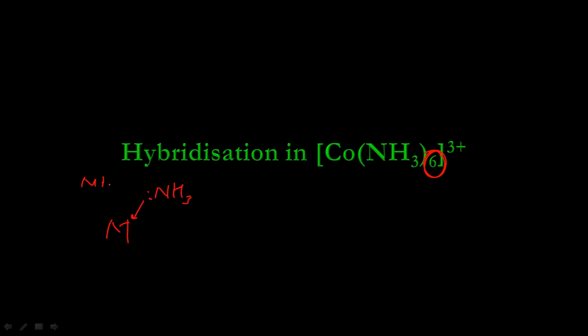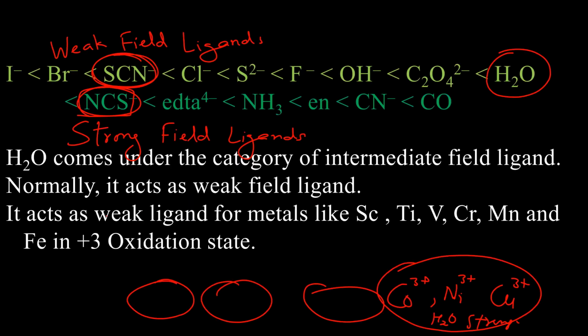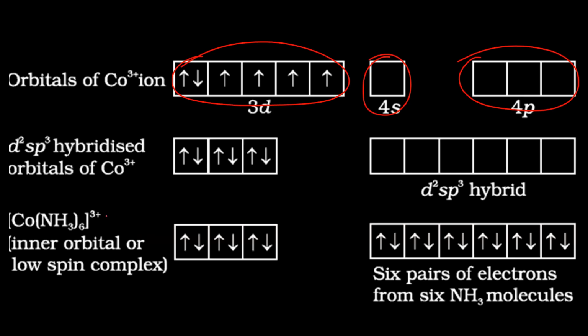Do you remember that? That's why these are called coordinate bonds. A coordinate bond is sharing of two electrons by two atoms, but both electrons are provided by one entity. Clear? So how could it happen here? For that, you should understand it.